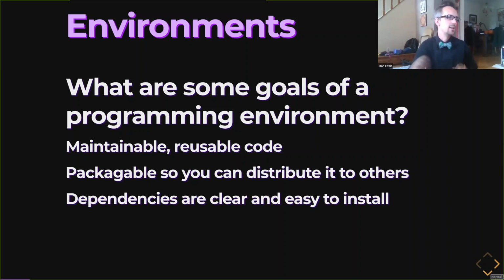And that's what really makes the dependencies clear and easy to install. If you've used R, you're very familiar probably with install packages commands and having to build things. Python is kind of the same.